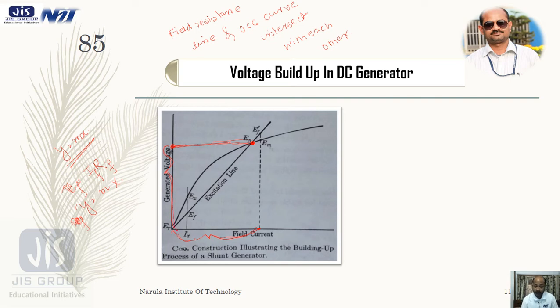So you should be very clear, for generation of this amount of voltage I require this amount of current. The vice versa is also true. If this amount of field current flows through the shunt field winding, the voltage generated is this much. So this point is the equilibrium point.